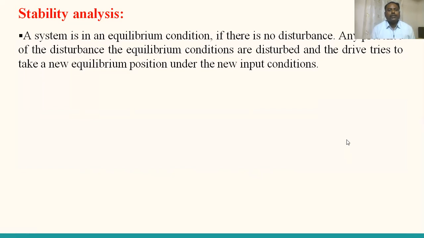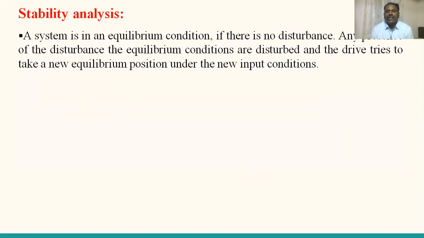A system is in an equilibrium condition. Equilibrium here means samatulyata. A system is in equilibrium if there is no disturbance, as long as the input parameters are constant.